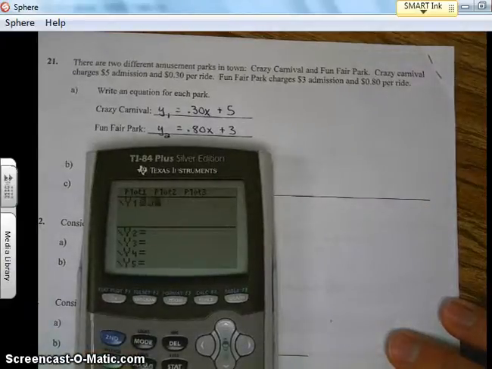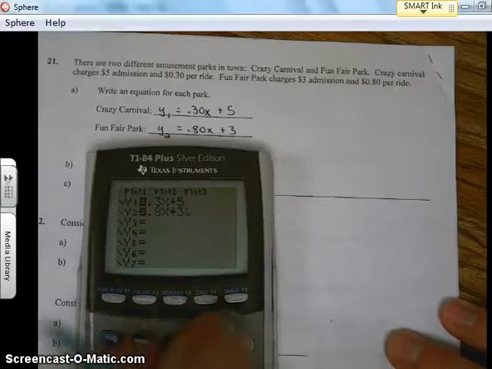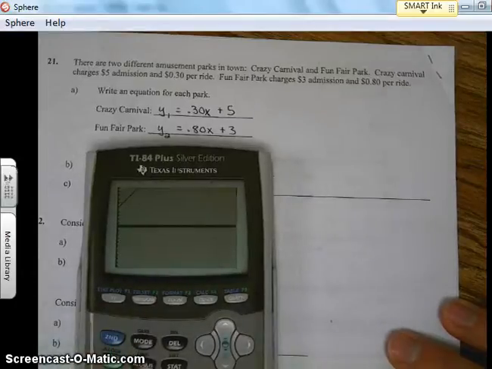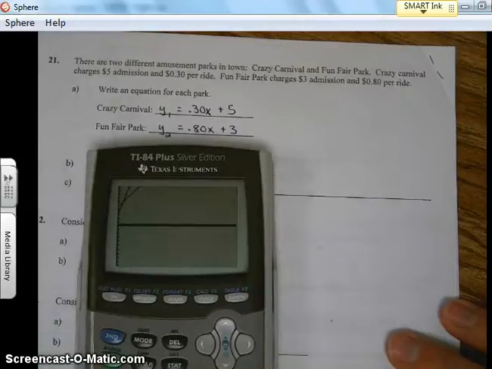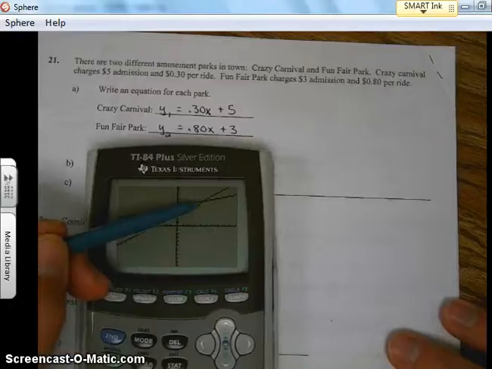So plugging them into our calculator and then graphing them. Now my graph is messed up, so obviously the solution is going to be right here, but I'm going to go ahead and zoom 6 to get a standard window, and looking for where they intersect.